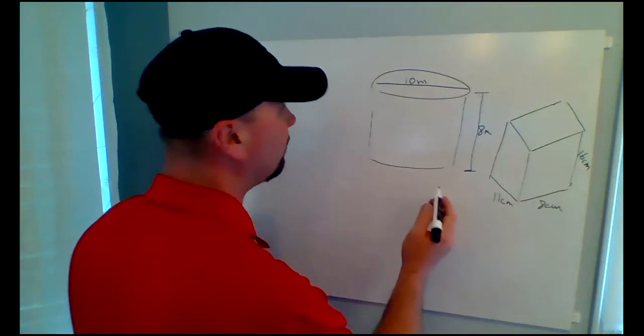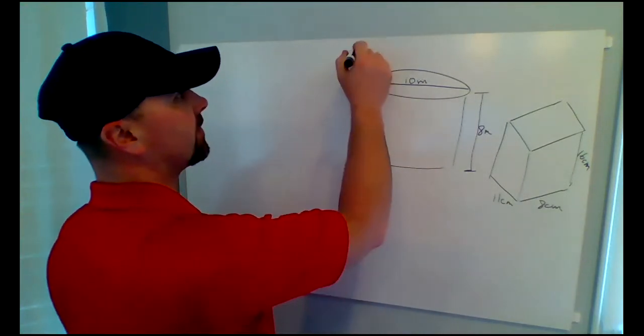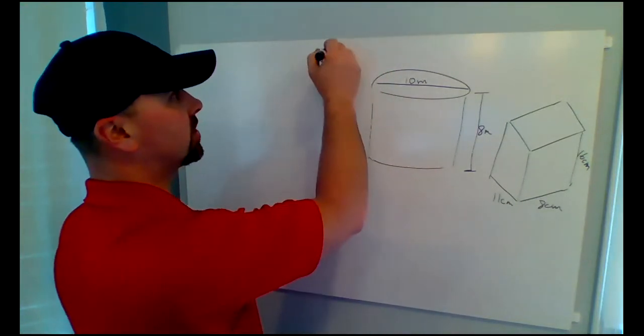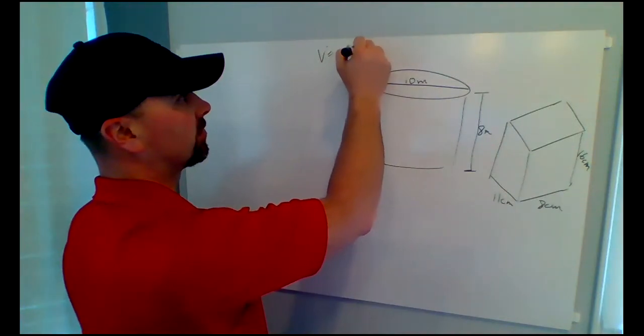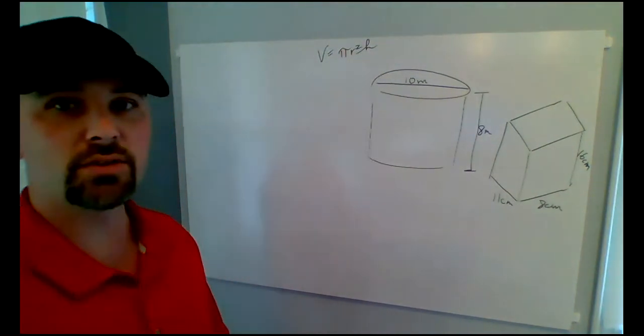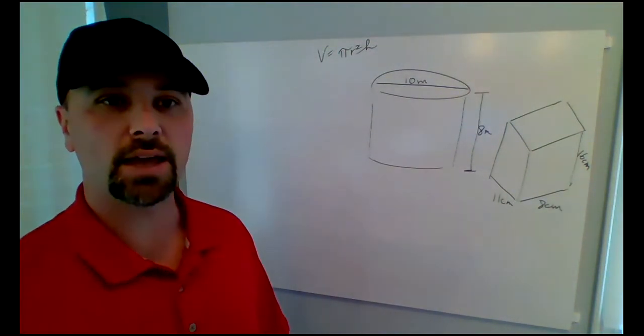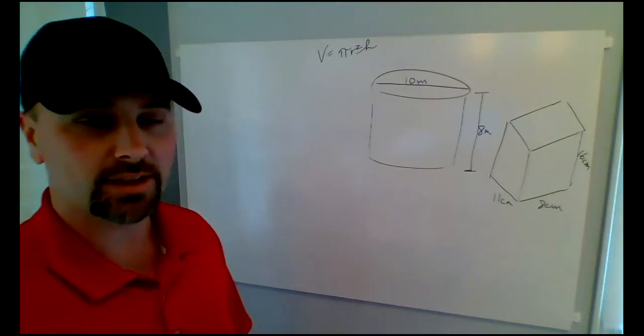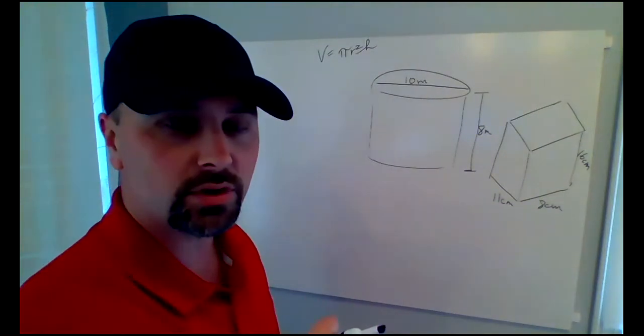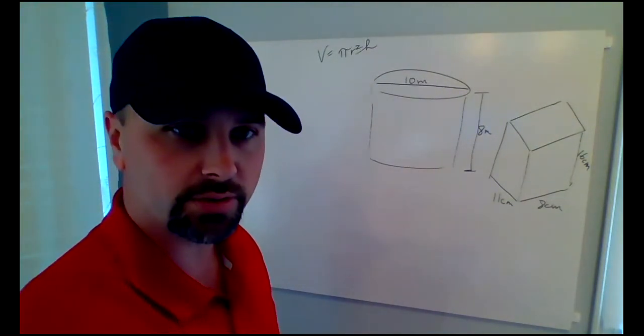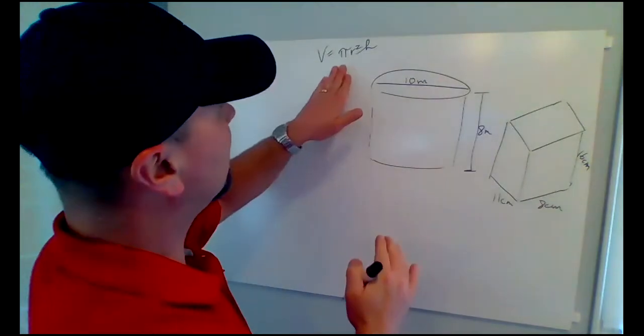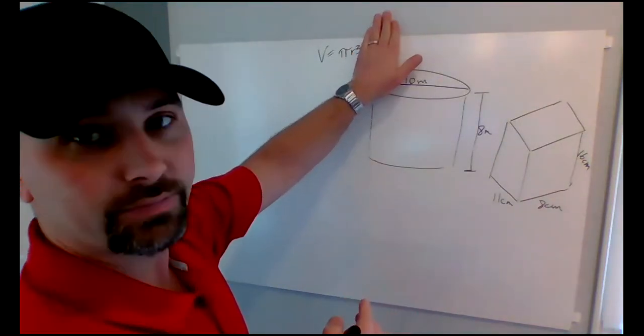And so if you see a cylinder, you need to go to the formula sheet and write down the formula for a cylinder. Pi times r squared times height. Now, if you remember when we were doing the area of circles, area is pi r squared.